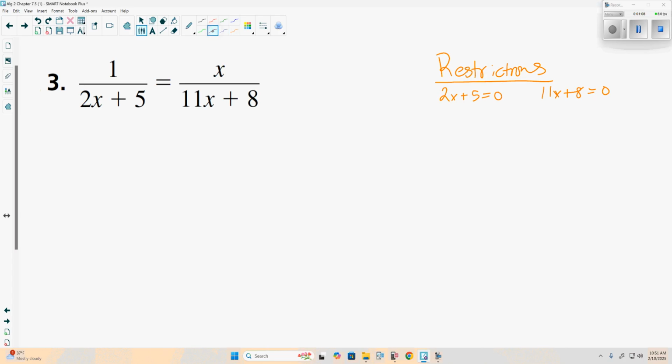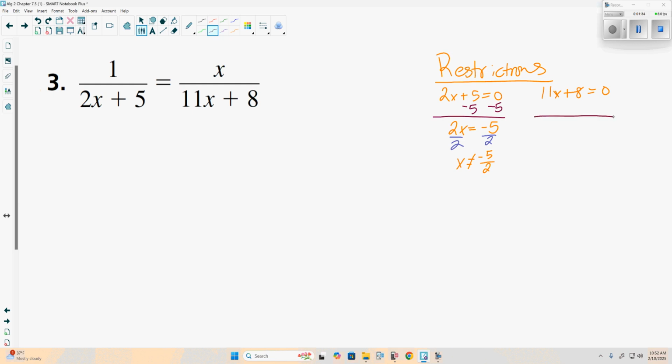Now with the 2x plus 5, we can solve by subtracting 5 from both sides first, giving us 2x is equal to negative 5. Divide by 2, telling us that if x is equal to negative 5 halves, we have a division of 0, so x cannot be negative 5 halves.